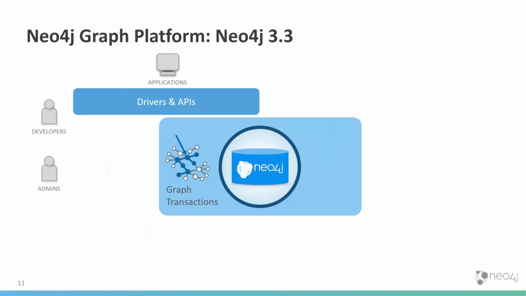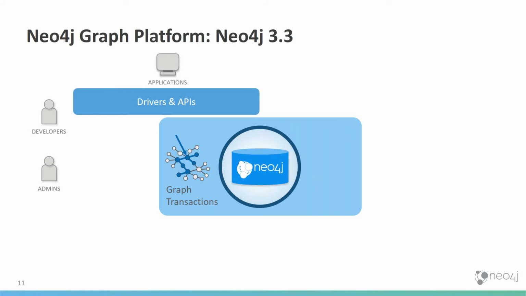So let's start to talk about the core capabilities in the graph platform. I'm going to work counterclockwise around this diagram and start with the core database. It's Neo4j 3.3, the database itself, and its support for our traditional graph transaction applications.